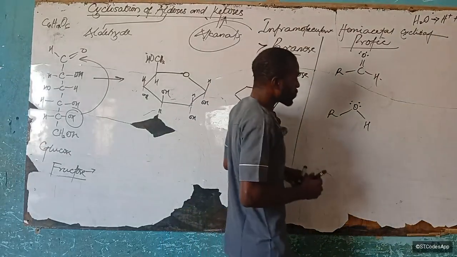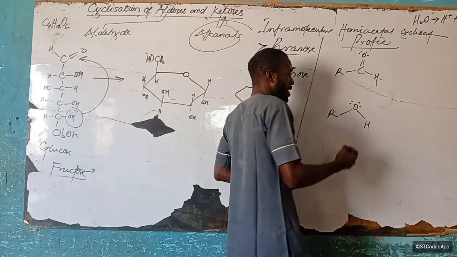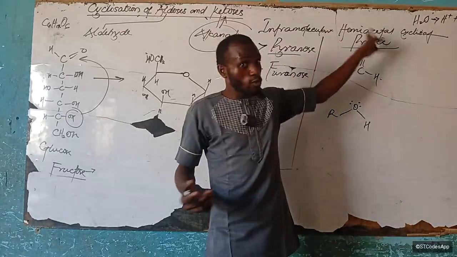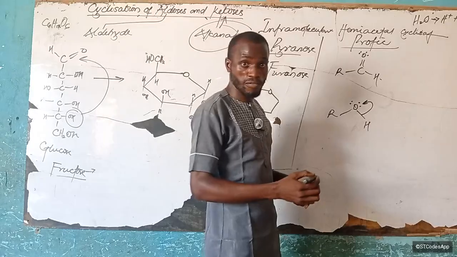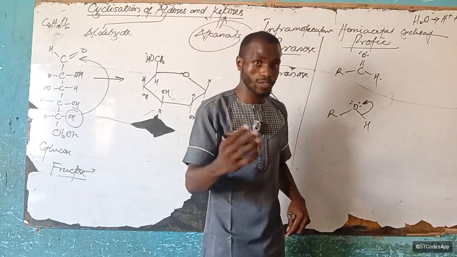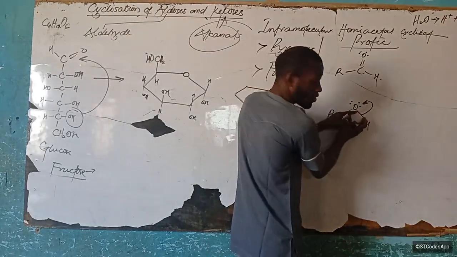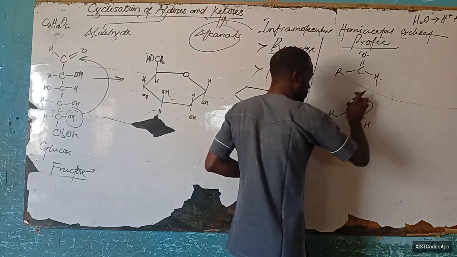So what happens first is that oxygen, being more electronegative, is able to, in the presence of a proton, abstract this bond to itself such that it now has 3 lone pairs. 3 lone pairs because there are 2 electrons in this bond. So there will be 3 lone pairs, 1, 2, 3, 4, 5, 6.